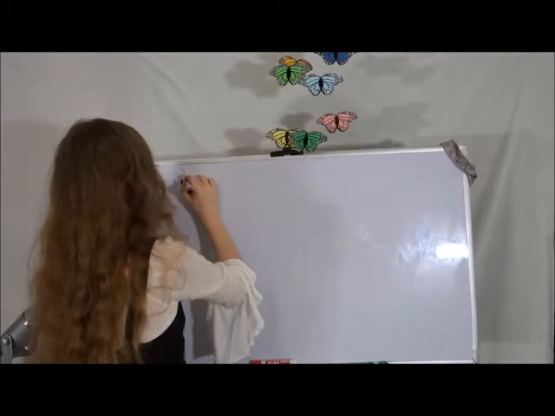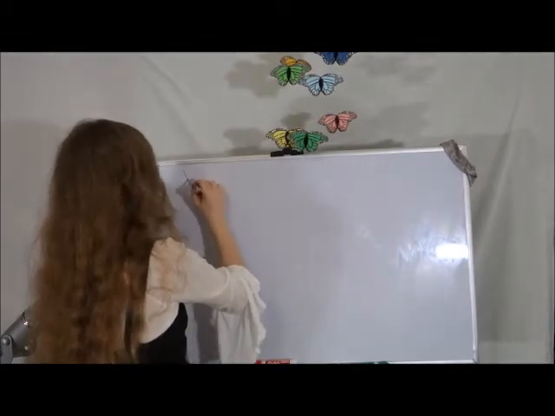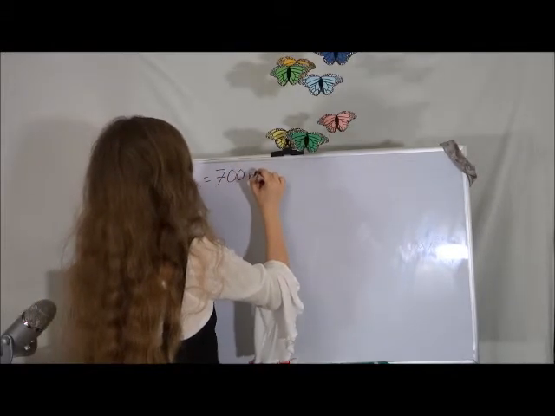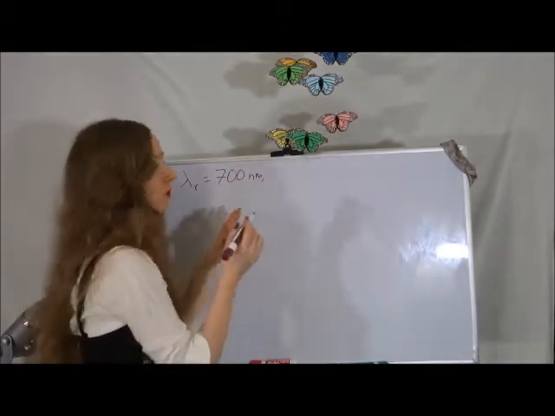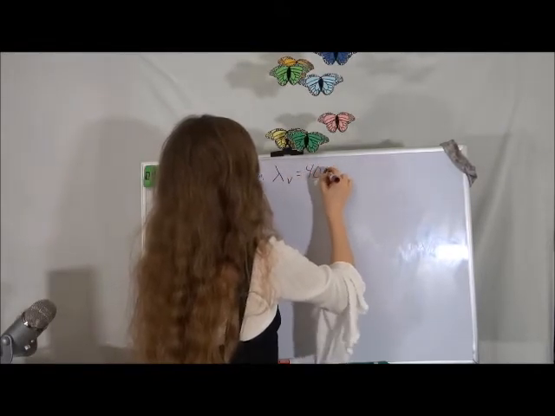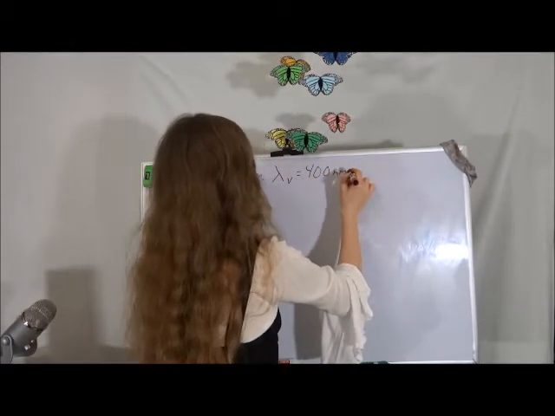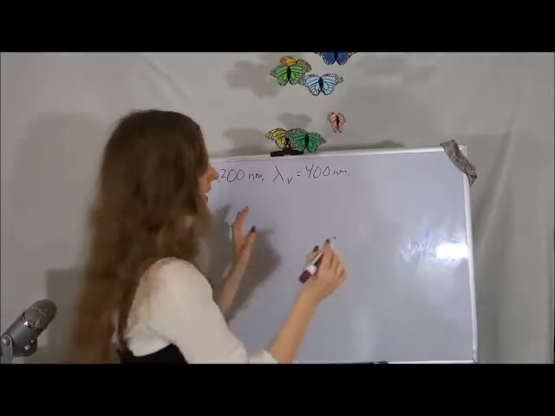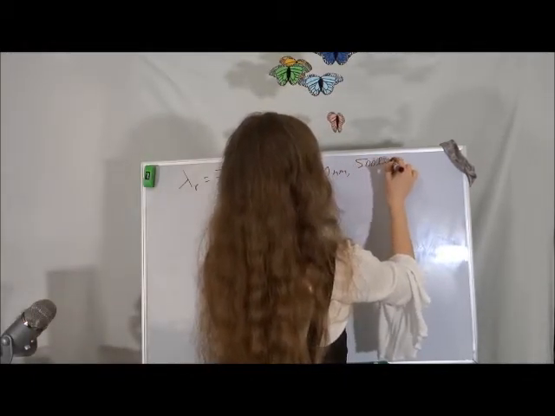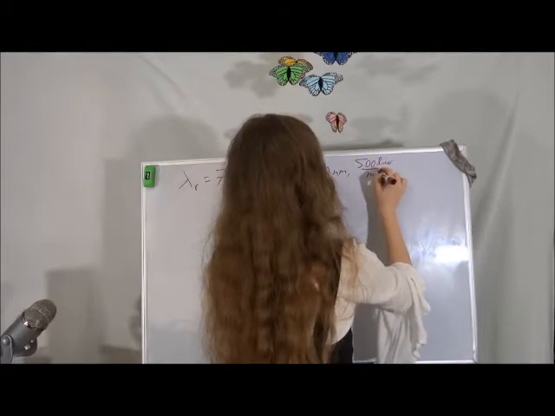For red light, our wavelength is 700 nanometers. And for our violet light, it's 400 nanometers. Now we're also given that there are 500 lines per millimeter.